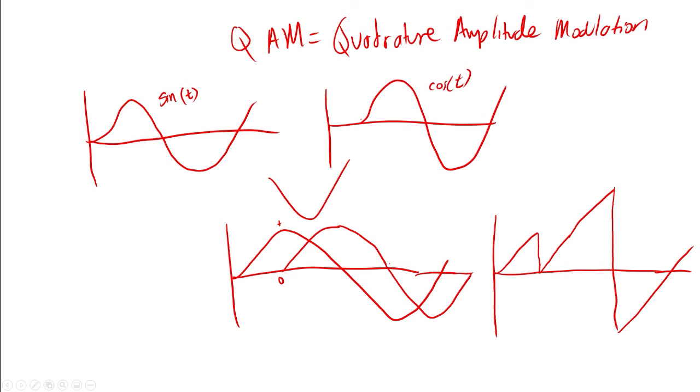So anyways, this is not totally correct, but basically we end up with a wave like this, and then we can call one of these the I signal, and one of these the Q signal, and these are combined to make one signal, which is transmitted, and then the receiver demodulates these back into the original waves.